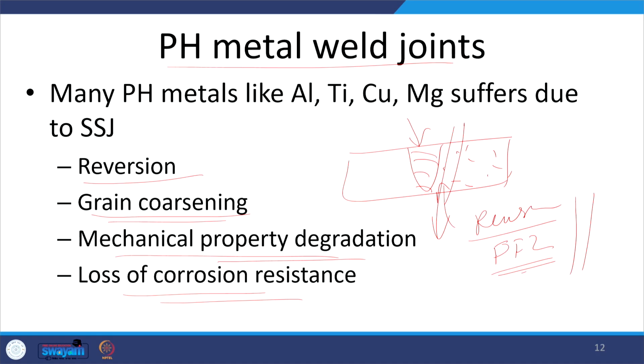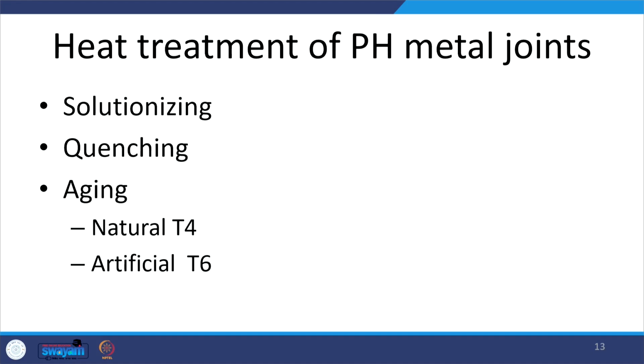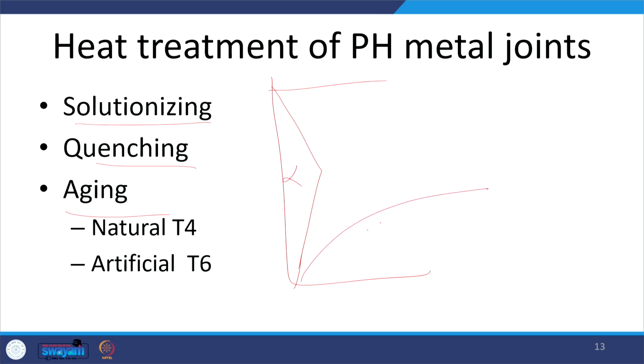So, it becomes important to restore the precipitates through a suitable heat treatment cycle, which involves solutionizing, quenching, followed by aging. Depending upon the kind of metal system we have, say this is the alpha zone, and here we have different lines corresponding to different phases.